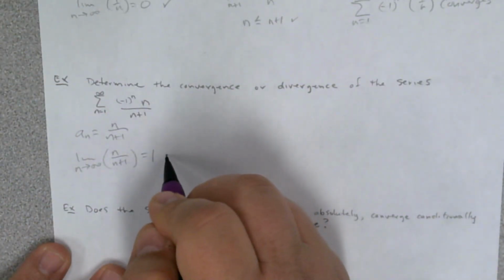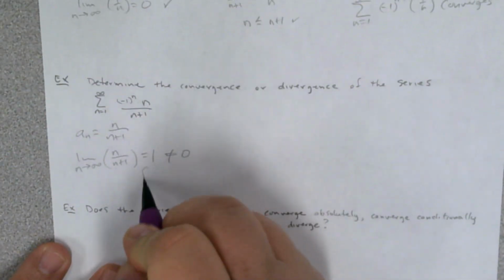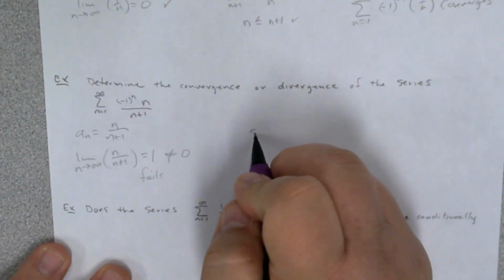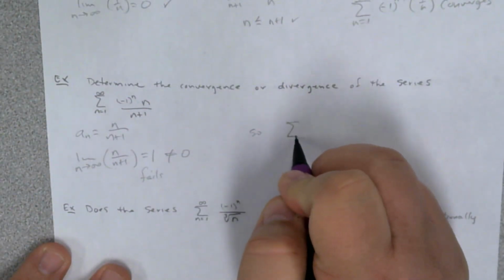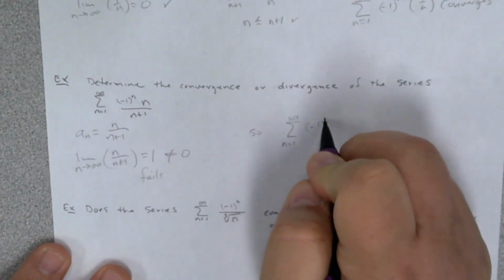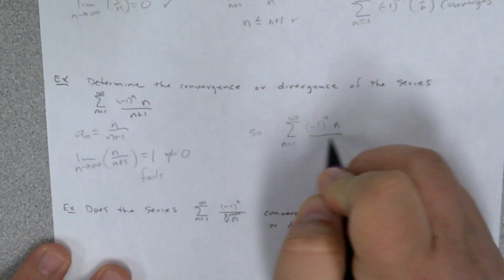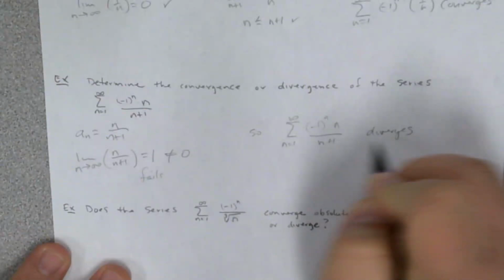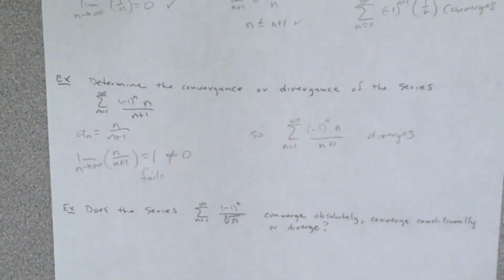So because it does not equal 0, it fails. So this series diverges. Okay.